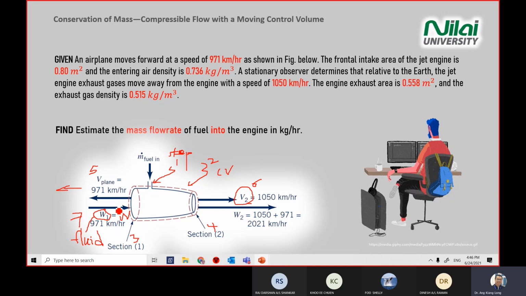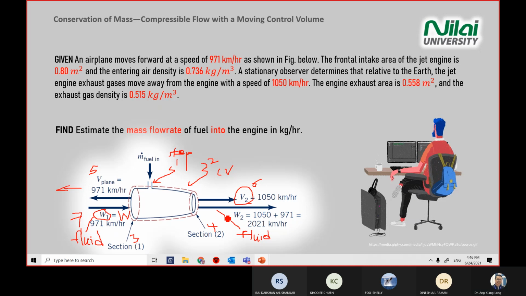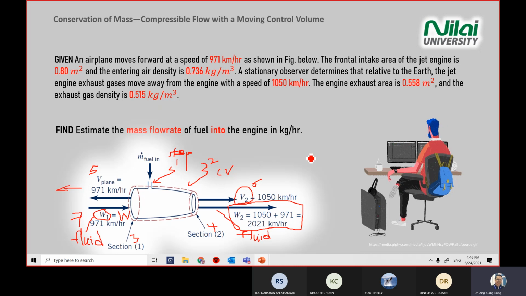This arrow deals with fluid, this one also deals with fluid, or your gas, or your air. The fluid at the exhaust is in addition to the inlet here. So V2, by logic, will be faster compared to the previous one because W is relative.